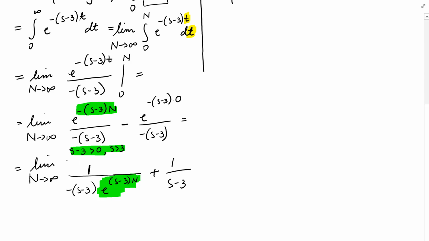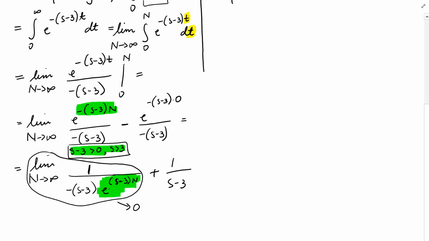Now this limit is actually equal to 0, because we get 1 at the numerator, and at the denominator we have e to infinity, which is infinity, so 1 over infinity is 0. So the remaining quantity is 1 over s minus 3, because we set that condition to be positive.